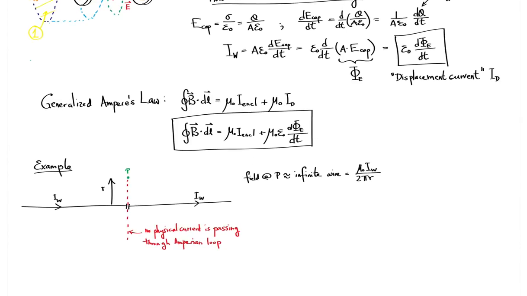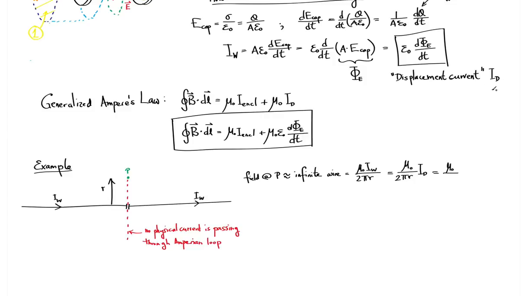So basically, you can imagine that this should be equal to mu naught over 2 pi r, and replace I_W by I_d, which is this guy here.